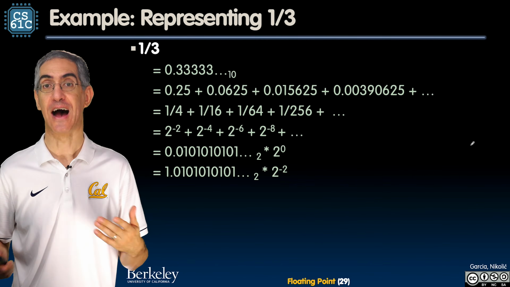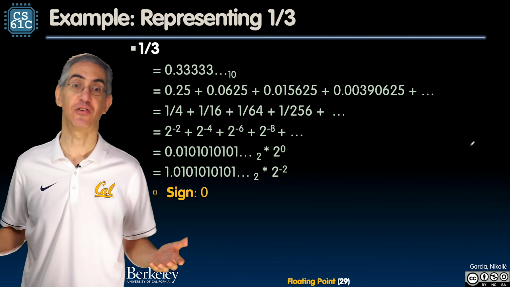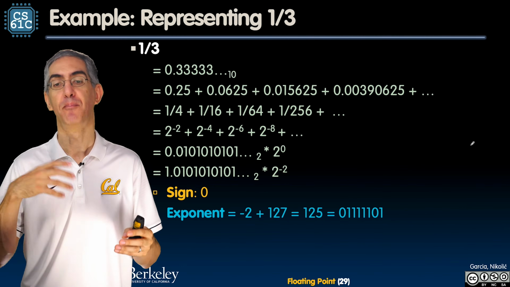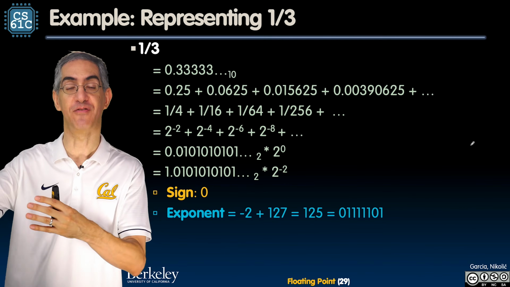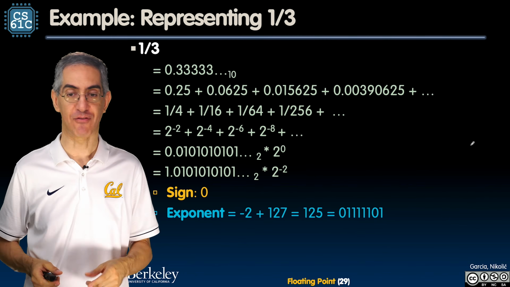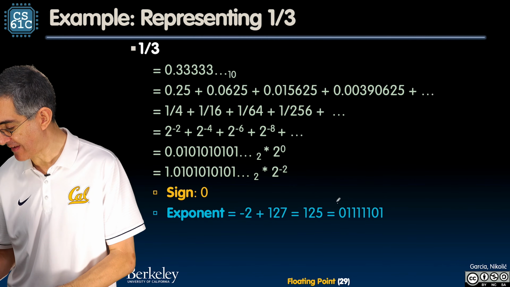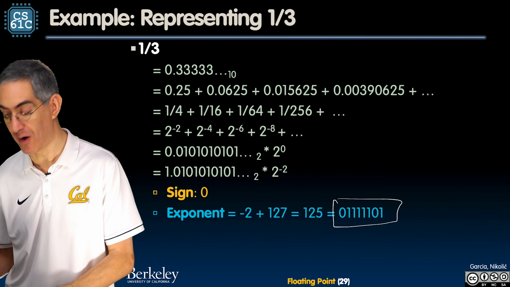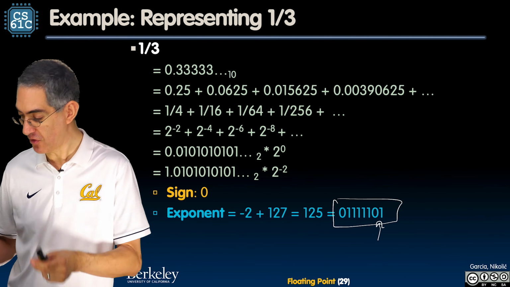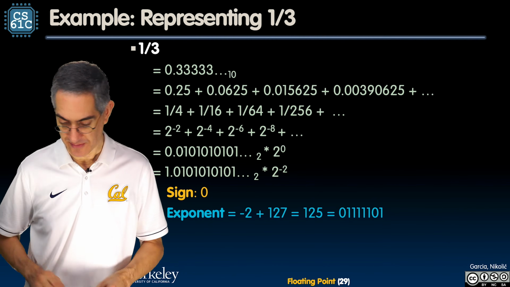Now you say to yourself, how do I store both that exponent and the significand in there? Sign's 0, it's a positive number. Exponent is minus 2 plus the 127 to get 125. So the bit pattern has to say 125. And it's kind of interesting: if you look at the bit pattern 125, how many am I missing from being all ones? I'm missing a 2. So you can figure out quickly that minus 2 means I'm 2 off of that, which is 125, because I'm missing the 2's bit.